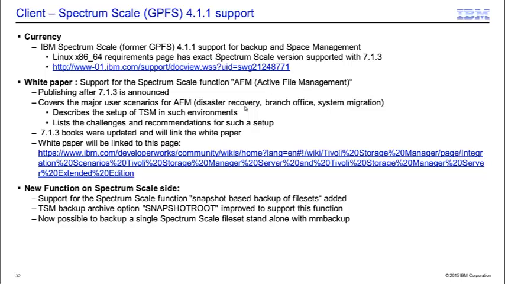We have a new white paper out there that talks about the active file management, and that will be published out here, and here's the link for that. And we have added support for the snapshot-based backup of file sets with the snapshot root capability. So that has been added to our Spectrum Protect 713 client.